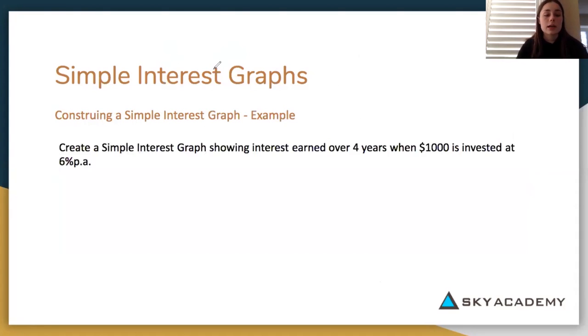Here it says, create a simple interest graph showing interest earned over 4 years when $1,000 is invested at 6% per annum. Firstly, we've got to find our equation. Our equation is our simple interest, where I equals PRN, and we are going to solve for our interest.